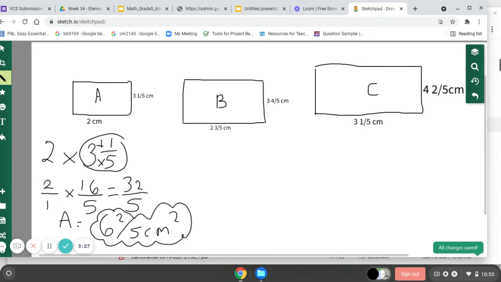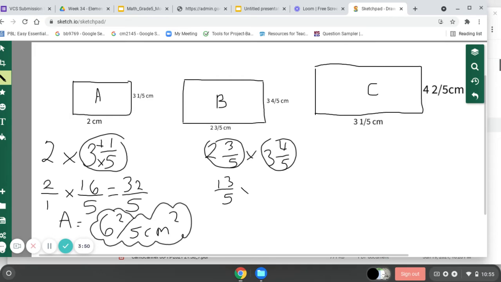Now we need to do our area for rectangle B. So we have 2 3/5 times 3 4/5. So we're going to change these, and we get 13 fifths times 19 fifths.